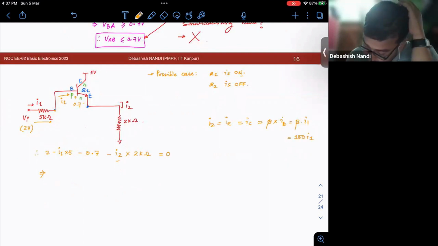So 1.3 is equal to I1 into 5 plus 150 into 2.